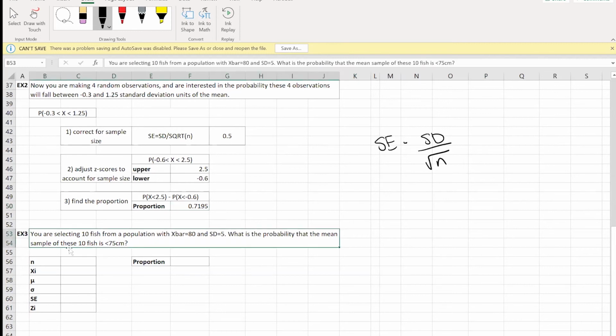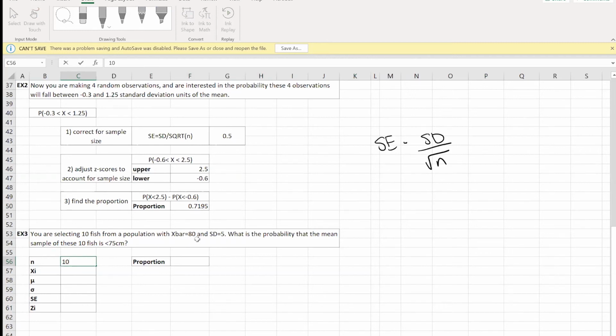For example 3, you were selecting 10 fish from a population with a mean of 80 and a standard deviation of 5. What's the probability that the mean sample of these 10 fish is less than 75?